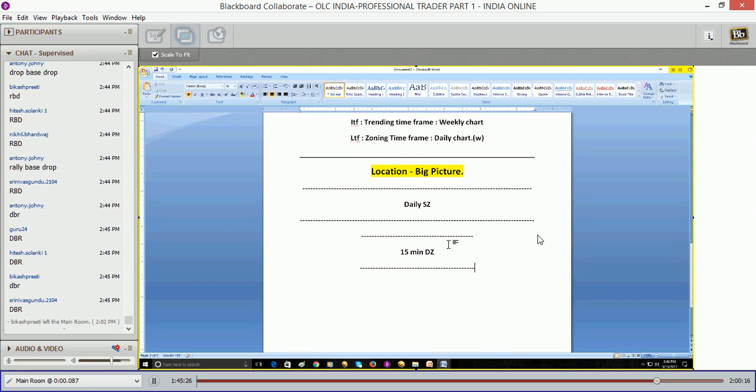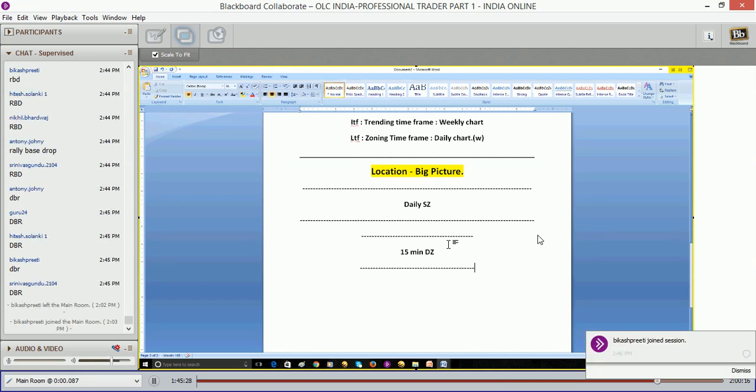Will the orders of my 15-minute demand zone be stronger so that it will take out my daily supply, or will my daily supply zone orders be stronger so that it will take out my 15-minute demand zone? Which orders will be stronger? What do you all feel?